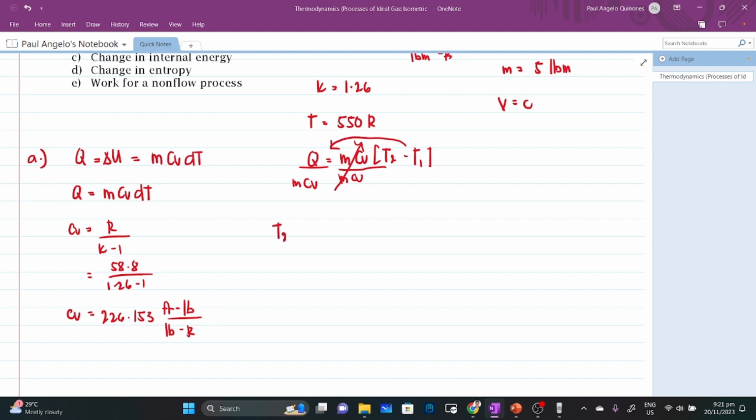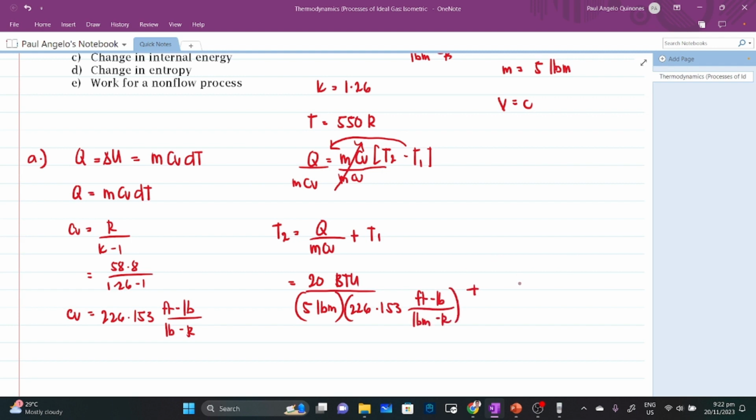Therefore we have T sub 2 is equal to Q over mCV plus T sub 1, wherein Q is given by 20 BTU over m, that is 5 pound mass, times CV, that is 226.153 foot-pounds per pound mass Rankine, plus your T sub 1, which is 550 Rankine.